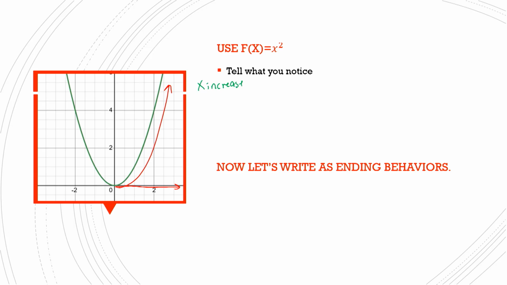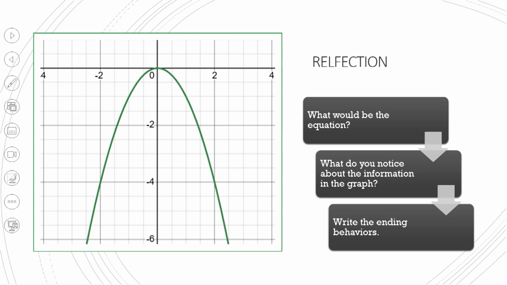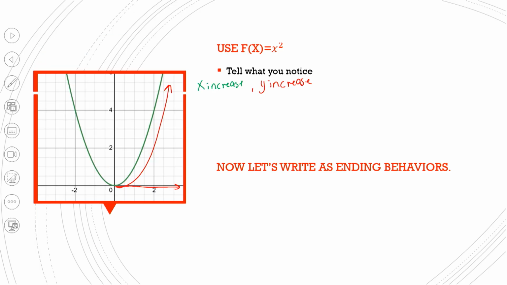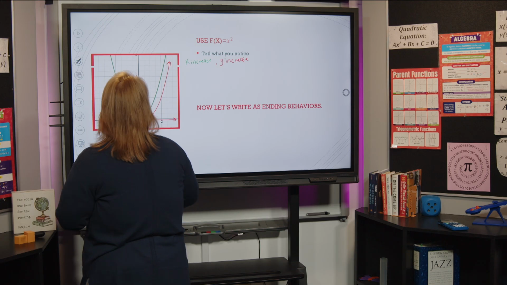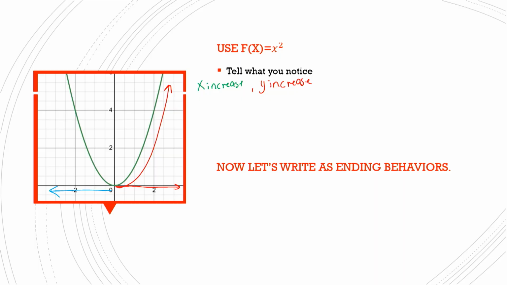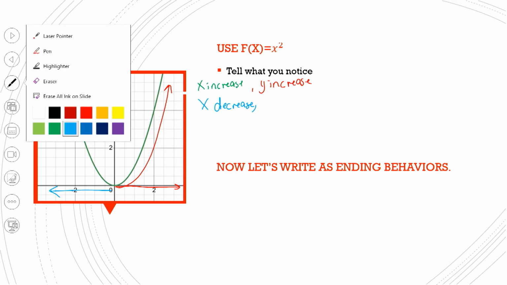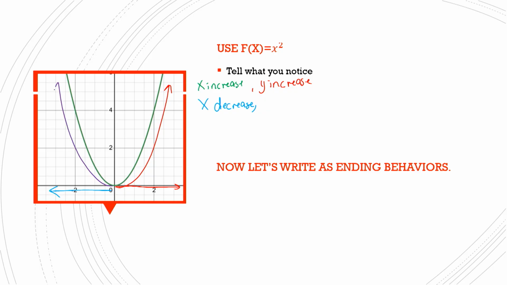So as x increases, y increases. Then what about if we go the other way? Let's get blue. As x decreases, what happens to y? It increases.